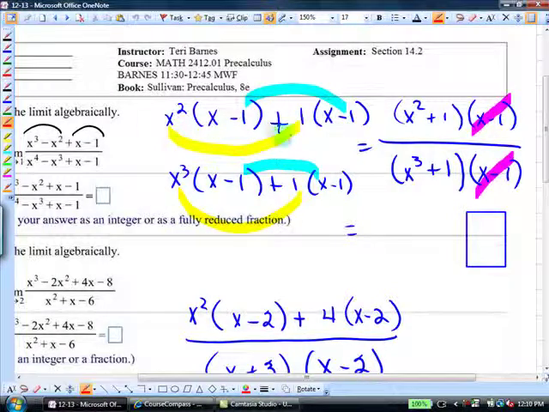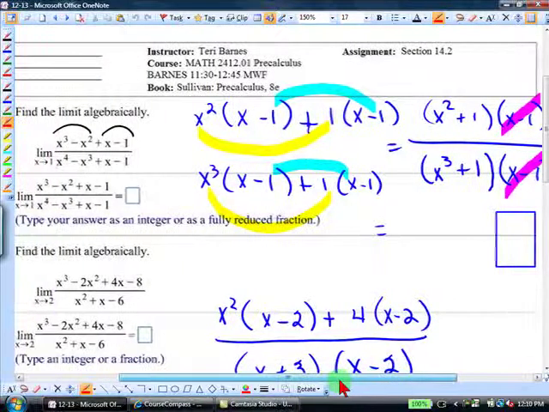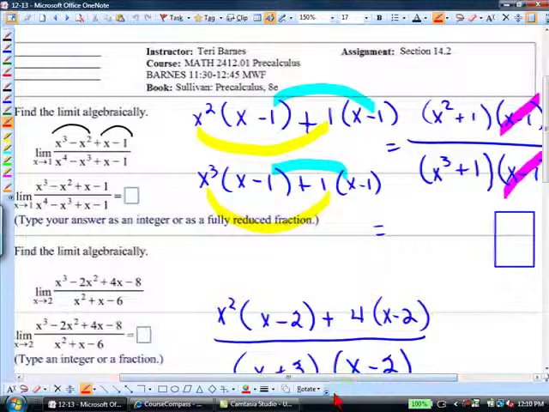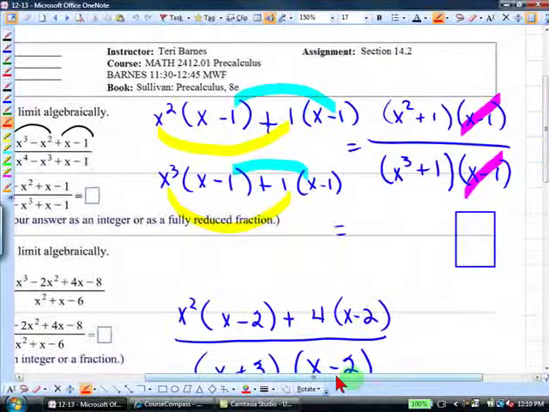All right, then these two go together, and these two go together. So it's x squared plus 1 times x minus 1. That's how that factors. Same thing on the bottom, and you end up being able to mark out those two, and you have x cubed plus 1 and x squared plus 1. Plug in, let's see what you get.